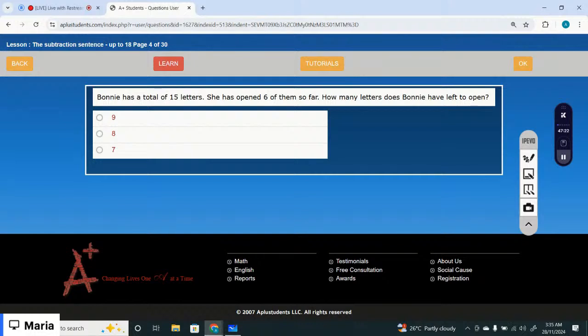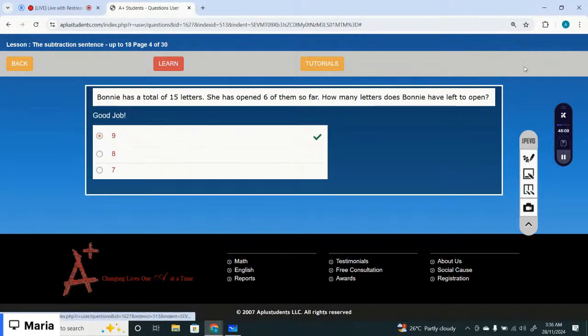So 15 take away 6 equals 9. Option number 1 is the correct option.